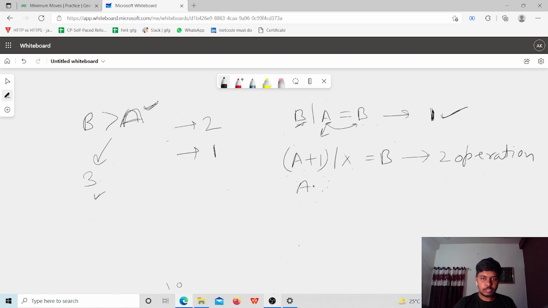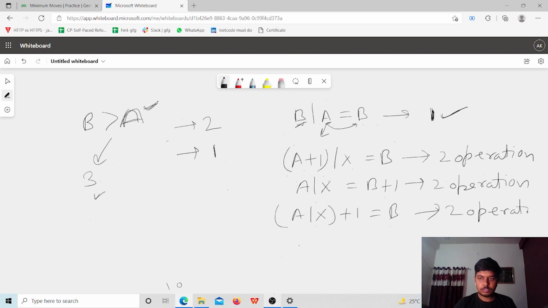Other ways can be, I can do OR with A and plus 1 with B. So this is also taking two operations, right? The other can be, first you do the OR operation, then you do the addition, and it should be equal to B. This is the third case. It is also using two operations, this one and this one, right?